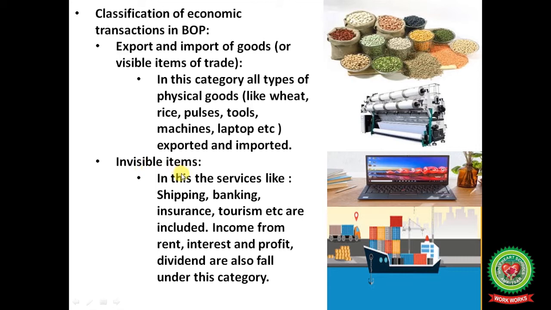Invisible items like shipping, banking, tourism, insurance are included. So income from rent, interest and profit, dividend also fall in this category.